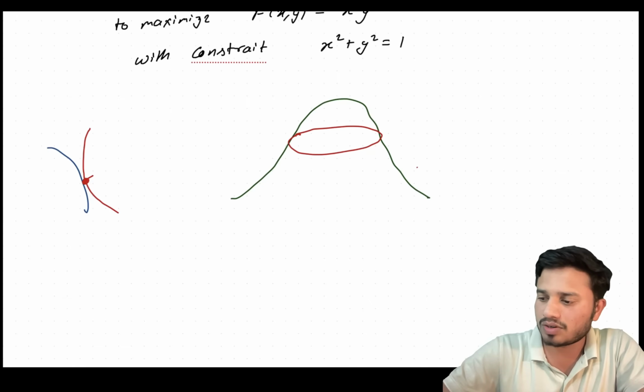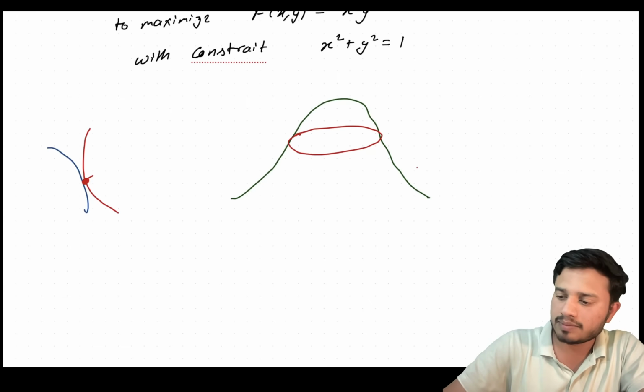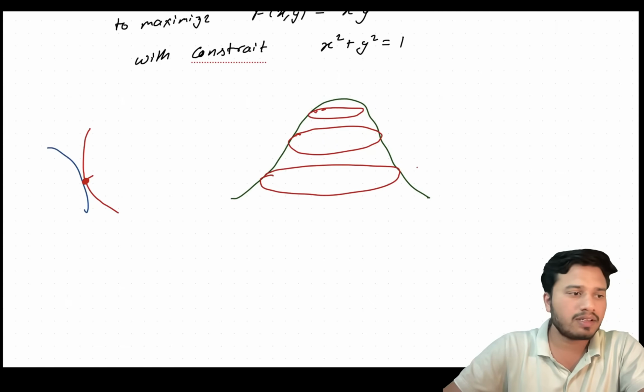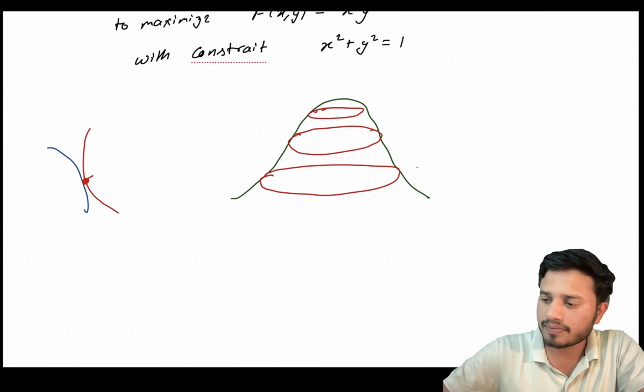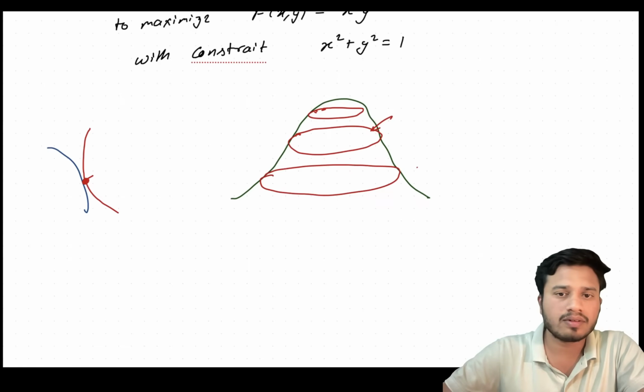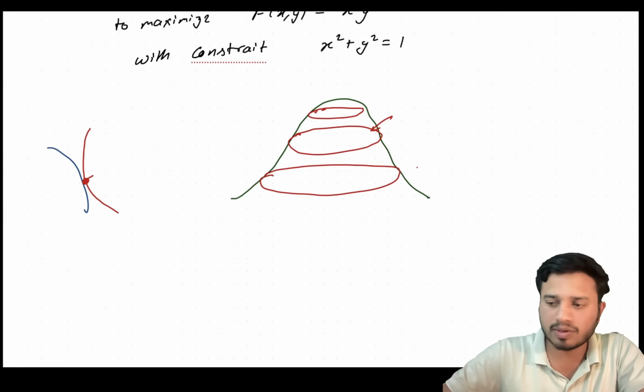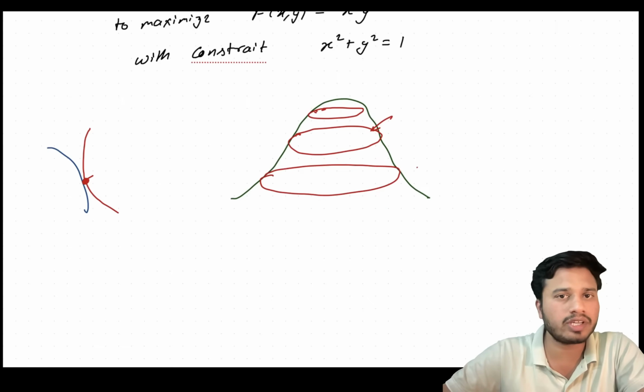This is called a contour curve. There can be many contours. When you are on this point and you are just circling around on this, you're not going up or down.